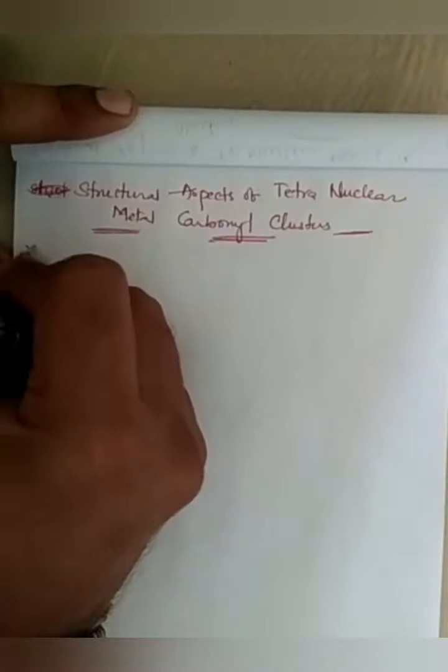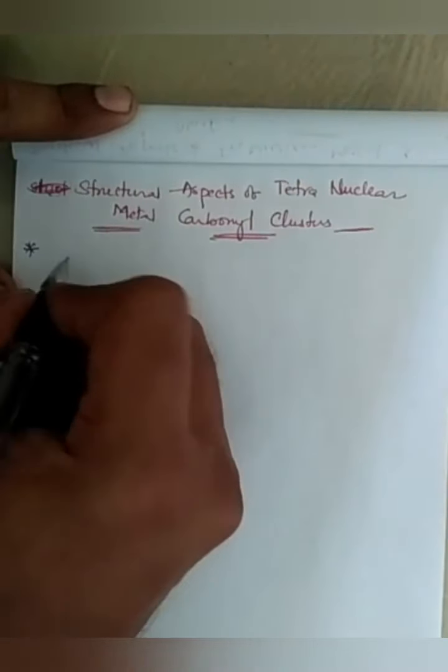So here comes the structure of tetranuclear carbonyl clusters.